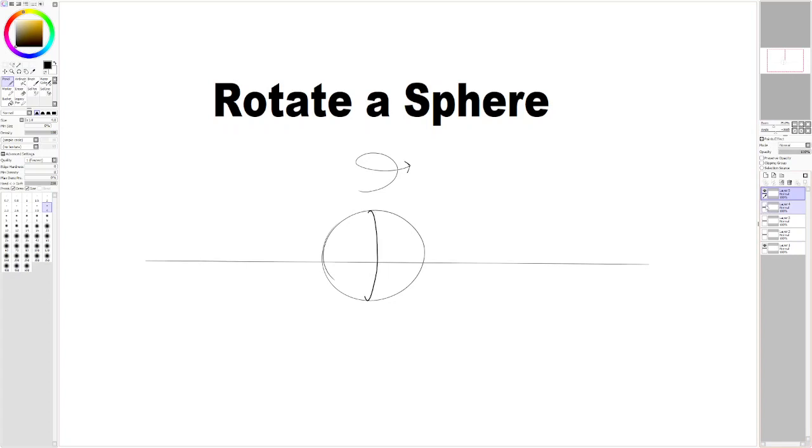I probably should exaggerate this a bit more, and I think I just realized I made a mistake, because when I'm doing this curvature wrapping around, the ellipse needs to be getting wider. You're seeing more of the ellipse, the degree of it is getting larger as we rotate the sphere to the right.